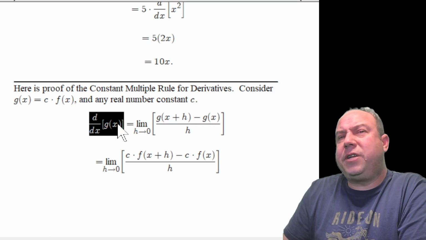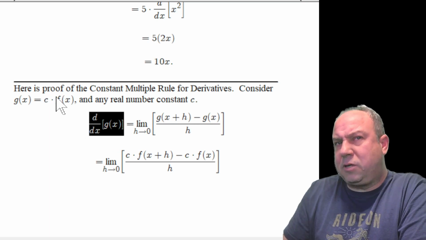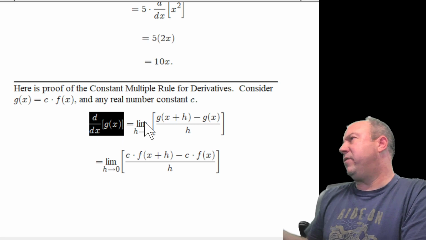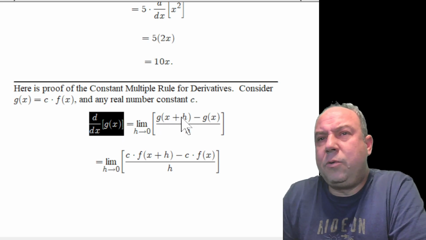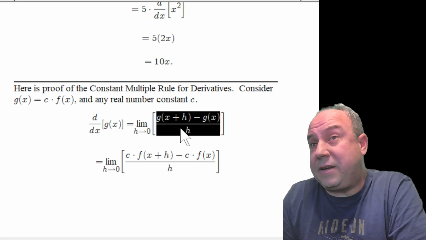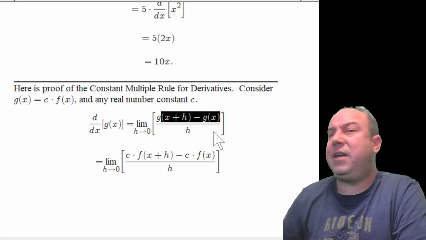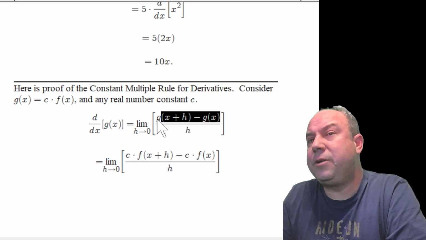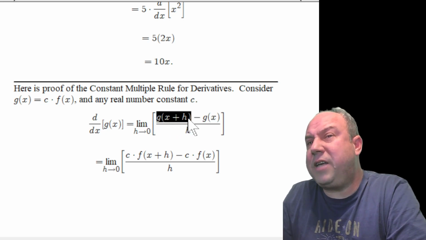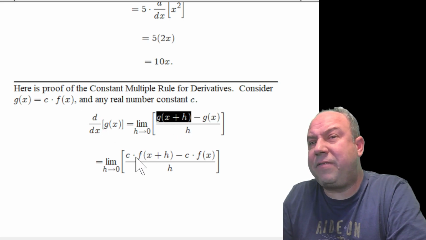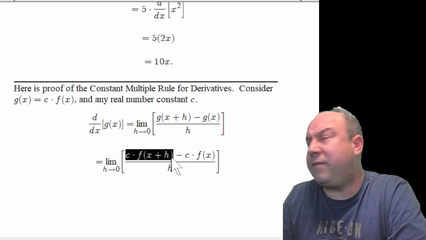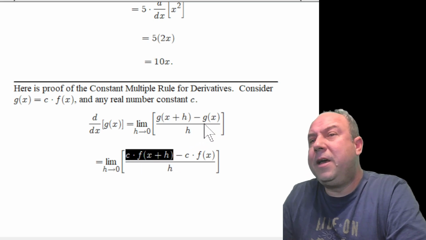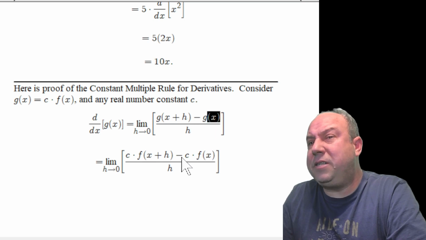So when we're interested in finding the derivative for the constant multiple of a function, we're interested in finding the derivative of g of x, which, by definition, is the limit as h heads to 0 for g of x plus h minus g of x all divided by h. Well, g of x plus h, if g of x is c times f of x, is just going to be c times f of x plus h. And g of x is just going to be c times f of x.